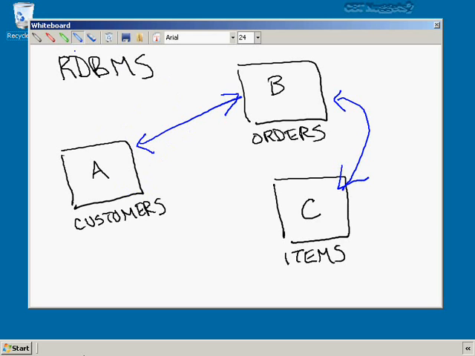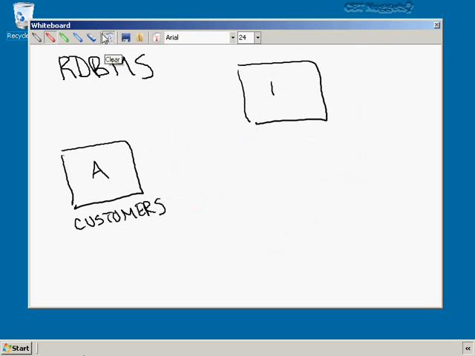Now, typically, these relationships don't cross databases. Typically, every single table that has to do with a particular use or application, customers, orders, and items, all live within the same database. However, that's just really for ease of programming and for performance reasons. It's not impossible for data to be related to a completely different database or even on a completely different server.